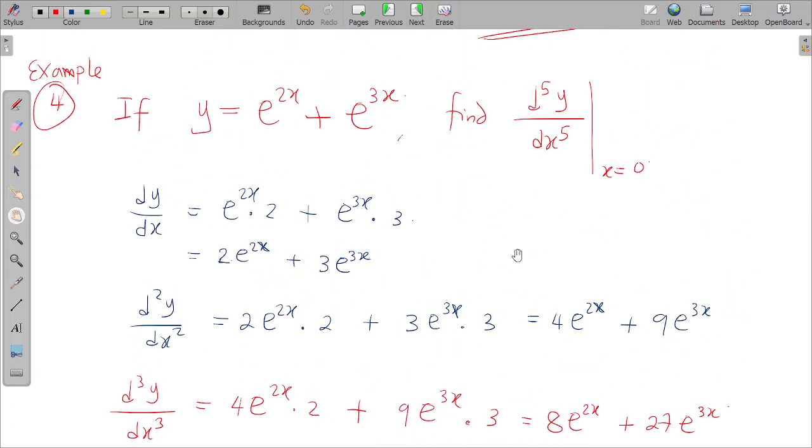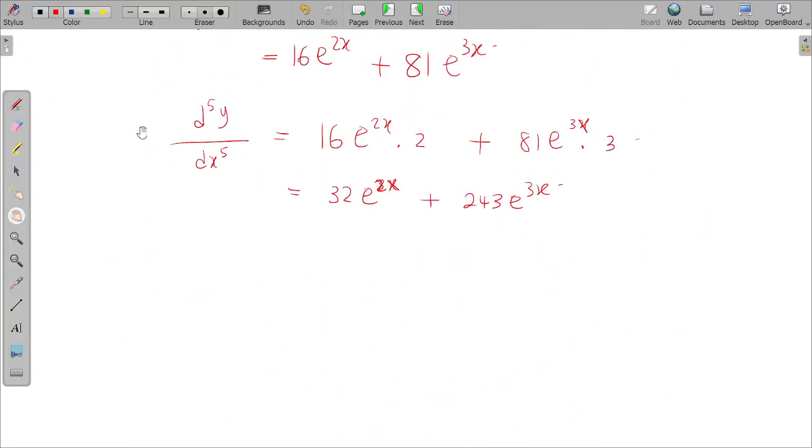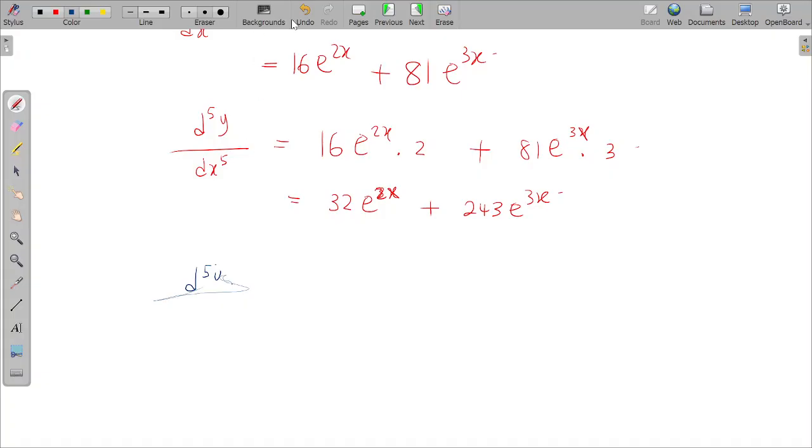Then we need to find it at 0. So d⁵y over dx⁵ at x equals 0 will give us 32e⁰ plus 243e⁰.